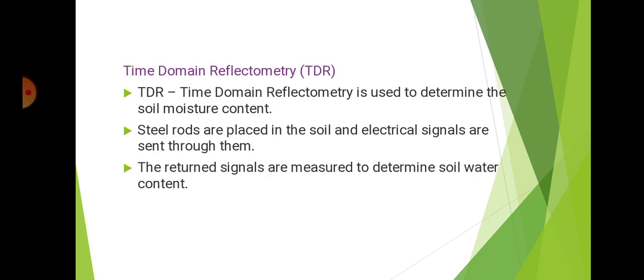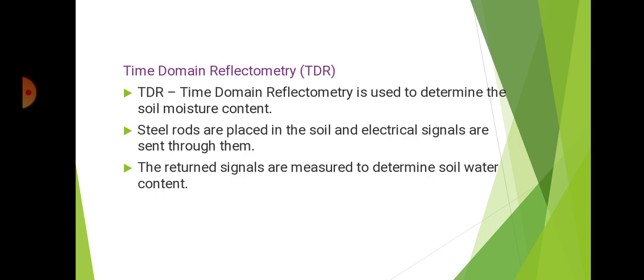Then another one is time domain reflectometer. It is also called TDR. Time domain reflectometer is used to determine the soil moisture content. Steel rods are placed in the soil and electrical signals are sent through them.